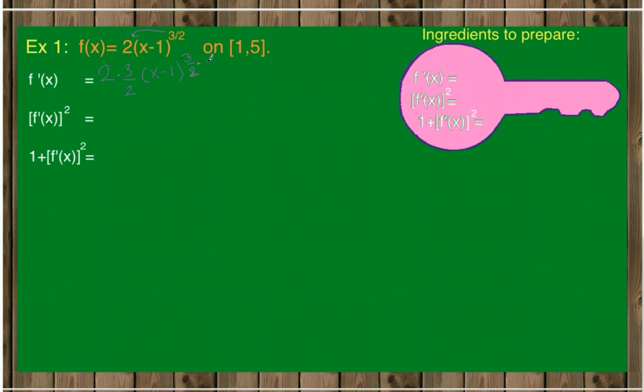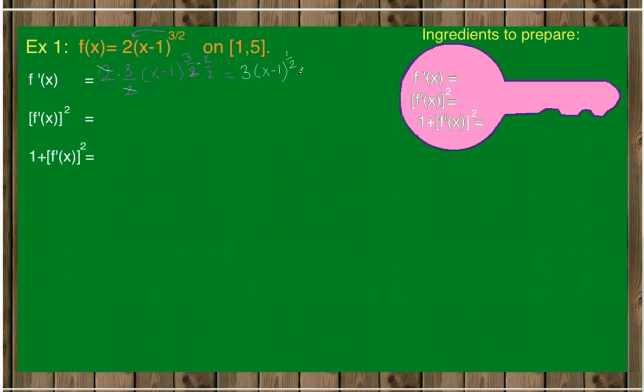You can choose 1 as 2 over 2, and let's clean up. So 2's cancel out, 3 times x minus 1, and 3 over 2 minus 2 over 2 is 1/2. So this is the first derivative of the function.